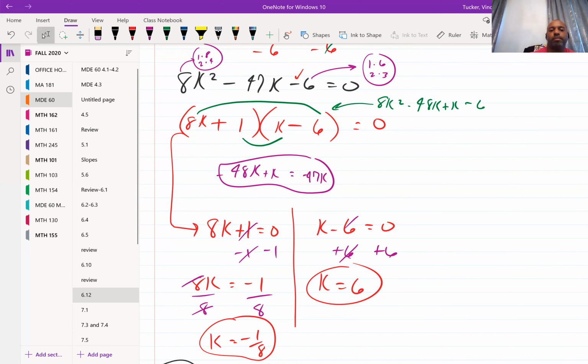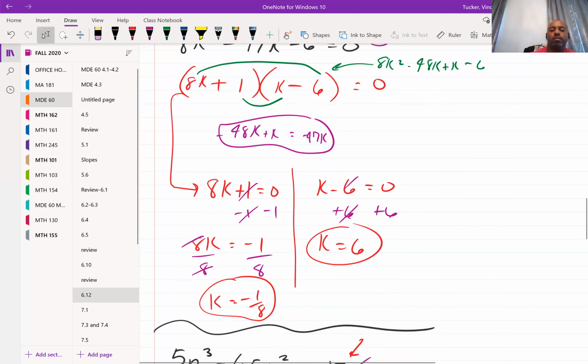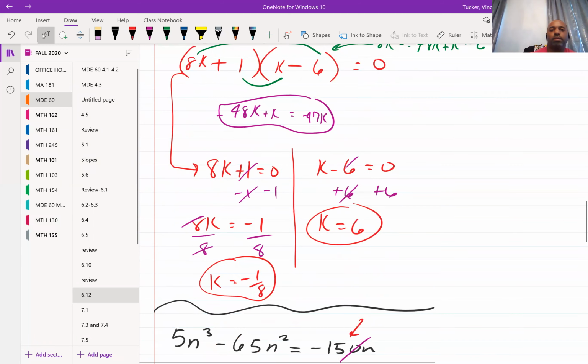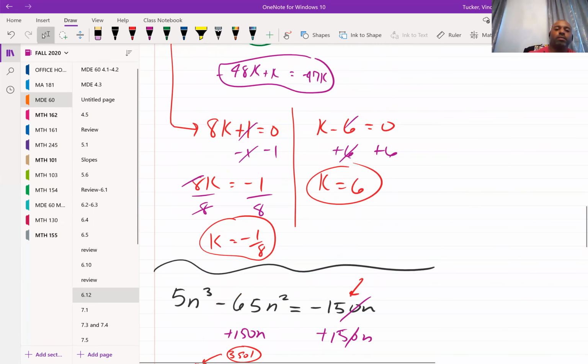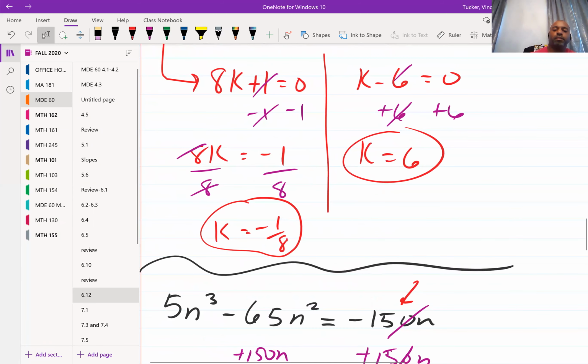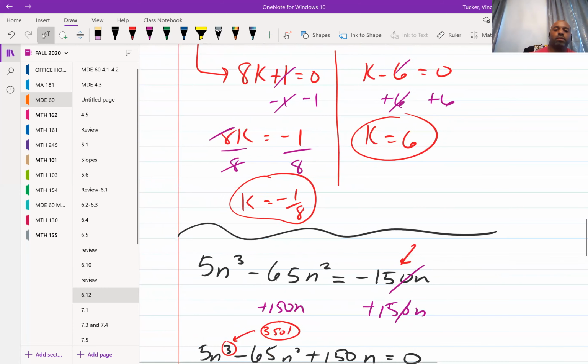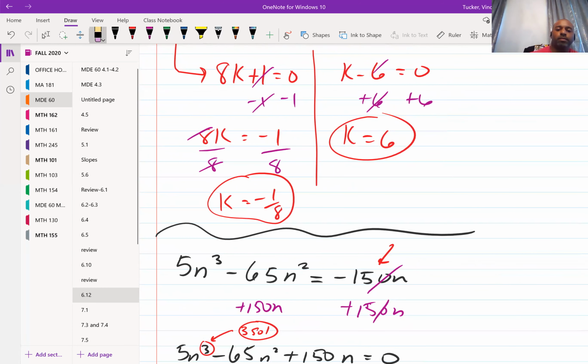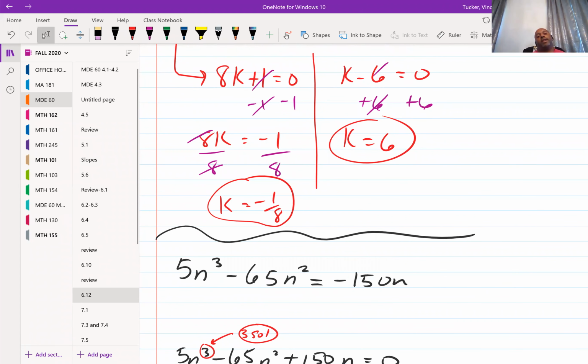All right. Scroll up. All right, the next one. 5n cubed minus 65n squared minus 150n.